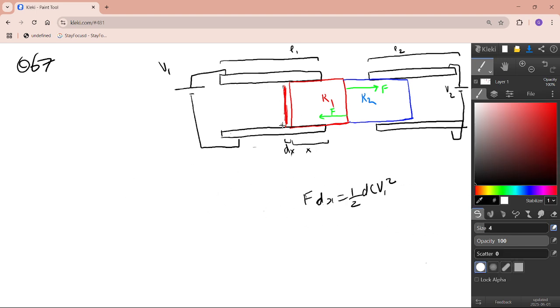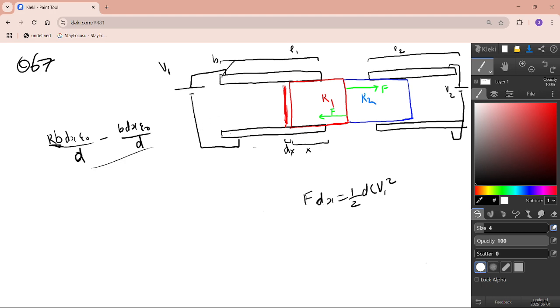Now dC, B is the width, it's not given. So B dx epsilon naught by d is the extra capacitance being created, and B dx epsilon naught by d is the capacitance being reduced.